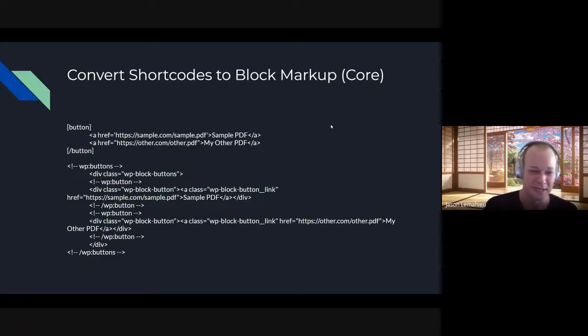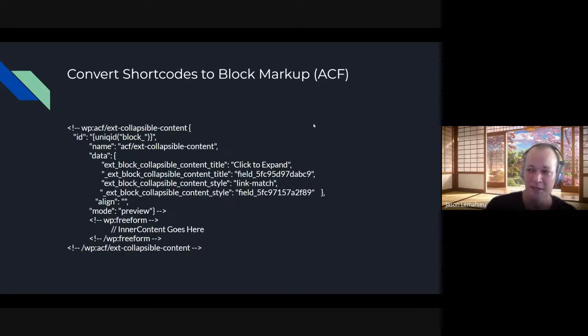Some of them got a little more complicated, like our button shortcode. It would process anything that was in between button shortcodes. It would look for links, turn them into buttons. Well, the markup for those blocks is a little more complicated. So it would have to parse those out, loop them back, create a buttons container to put individual buttons in, and go from there. So some of them got a little more fancy. And then here's an example using convert shortcodes to block markup in Advanced Custom Fields Pro.